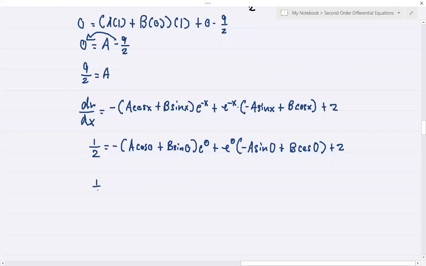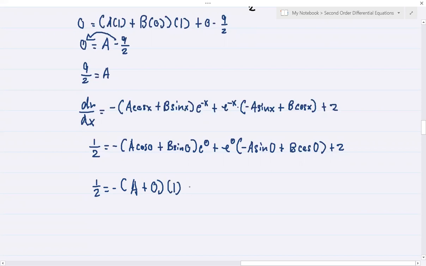So let's now basically simplify. We have 1 half is equal to negative quantity. Cosine 0 is 1. So we have a times 1. And a times 1 is still a. So we will have a plus b times sine 0. So your sine 0 is 0. And b times 0 is equal to 0. So we will have 0 times e raised to 0 or 1.